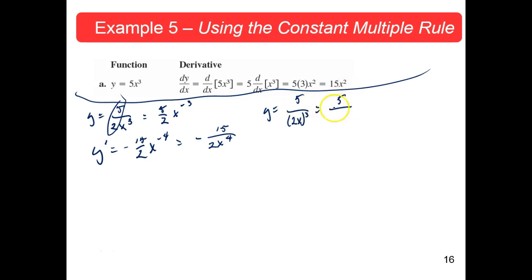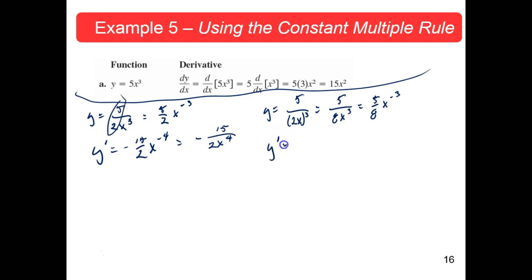5 over 8x cubed. And then I would do one more step to rewrite it as what? 5/8, that's your coefficient. X to the minus 3. I'm ready to roll on that one. I like getting the variable in exponential notation, not in denominators, not in radicals, exponential notation.